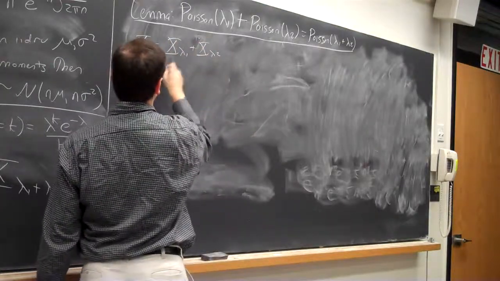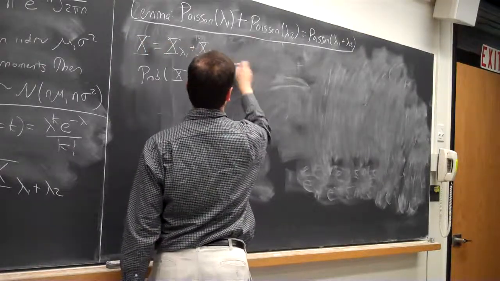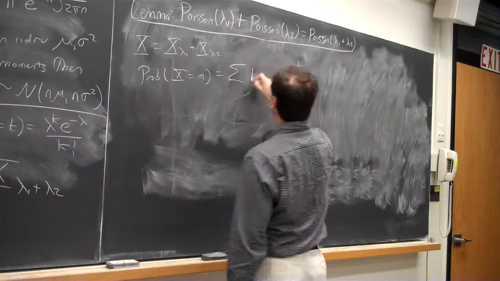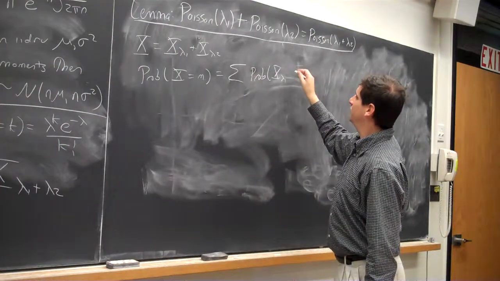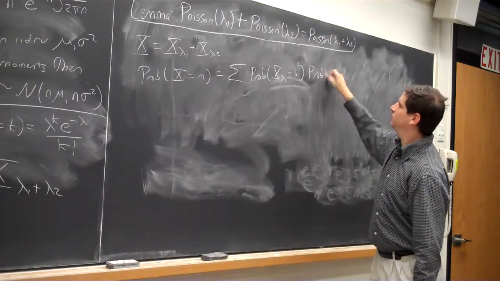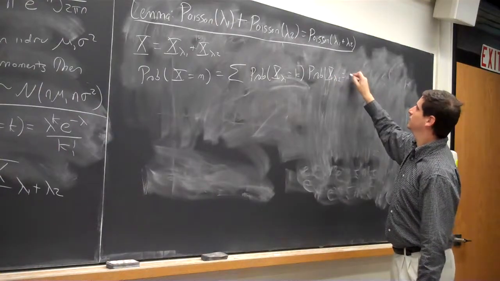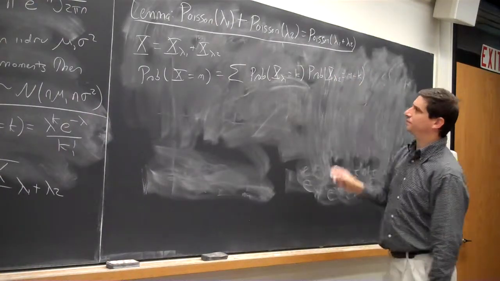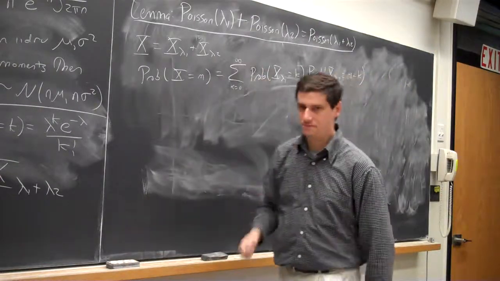So the probability that X equals m is going to be the sum of the probability X lambda 1 equals k times the probability X lambda 2 equals m minus k, and k goes from 0 to infinity.